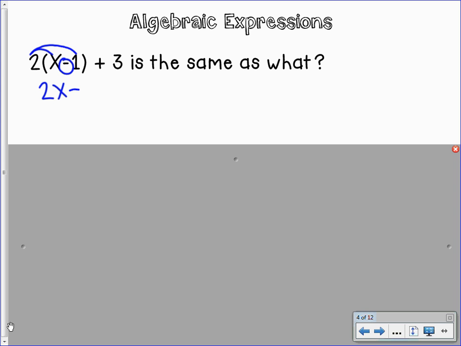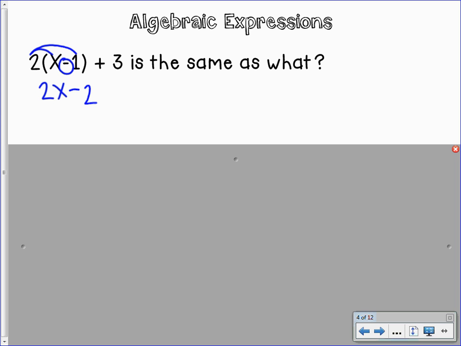But 1 needs to feel the love too. If you have 1 and you multiply it times 2, you have 2. Does that 3 get to feel the love too? No. Because it's going to be added.